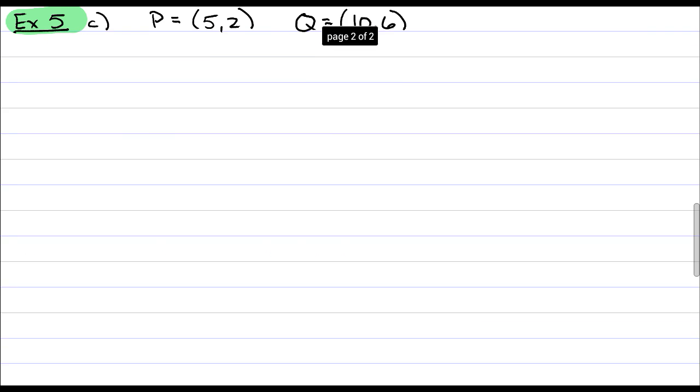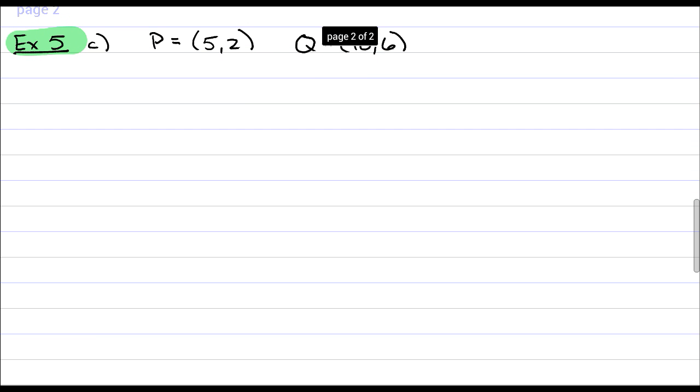So now part C. Same as the previous parts. Now this one will be a little bit messier because if you go back to example 2, we found that the slope of this line was actually fractional, 4 over 5. So y minus y1 equals m times x minus x1.